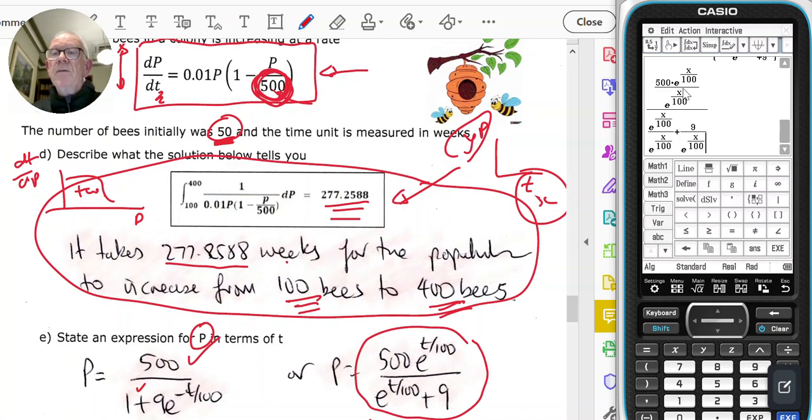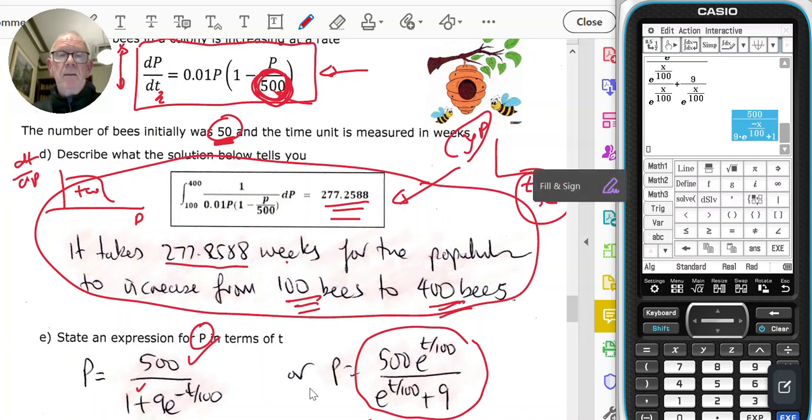So I'm dividing everything by e to the x on 100, top and bottom, therefore it's all the same, and that's where I get my nice term.